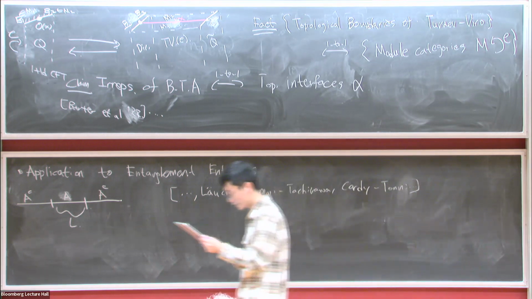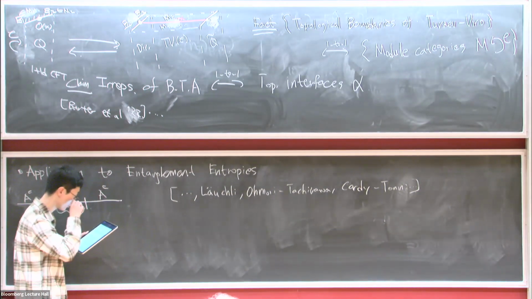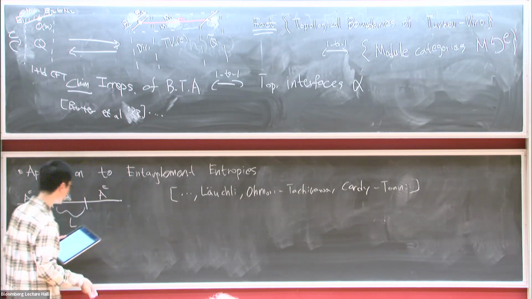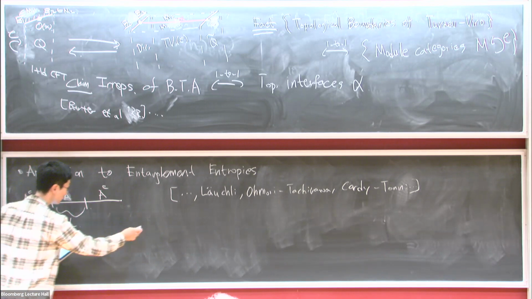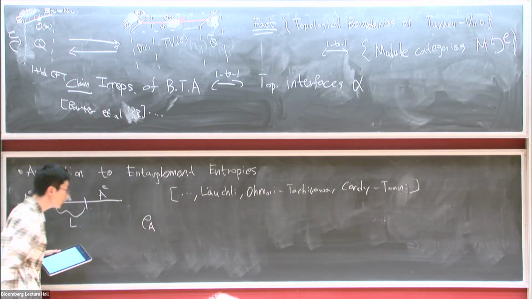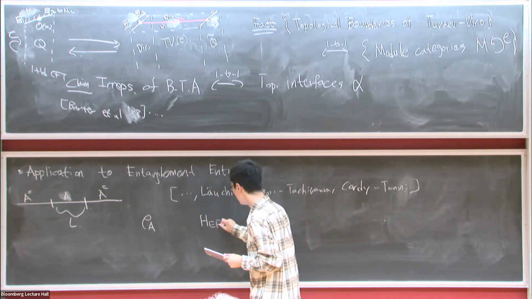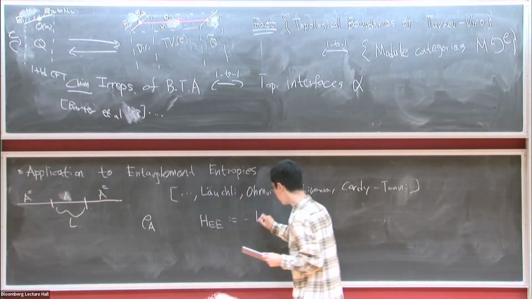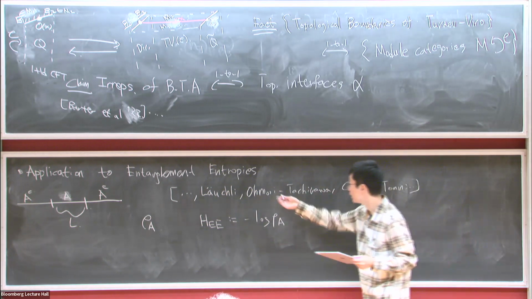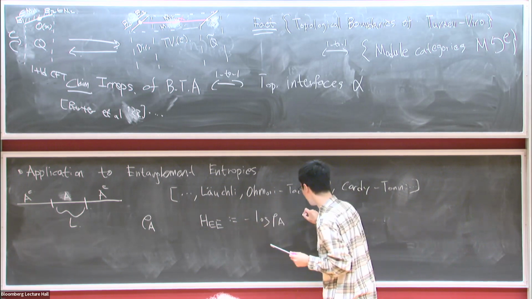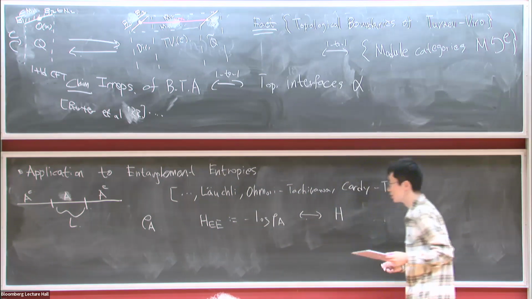There is a following dictionary which seems to be quite general, which is that when you take the reduced density matrix for the ground state on this side, say rho A, and define the entanglement Hamiltonian to be as usual, in general it so happens that this entanglement Hamiltonian is essentially the same as the Hamiltonian.